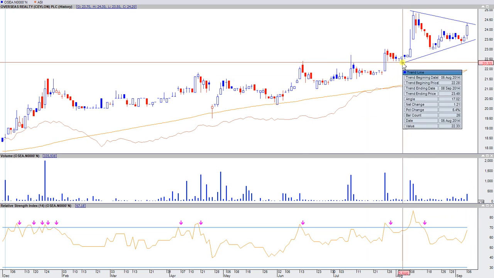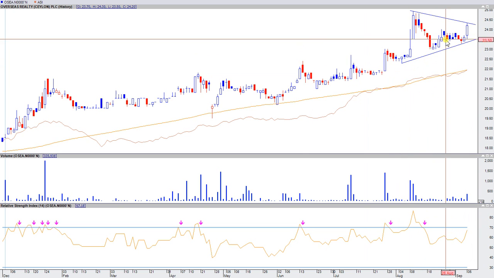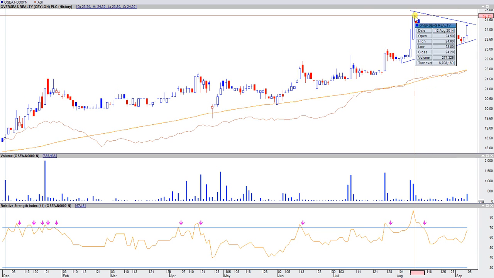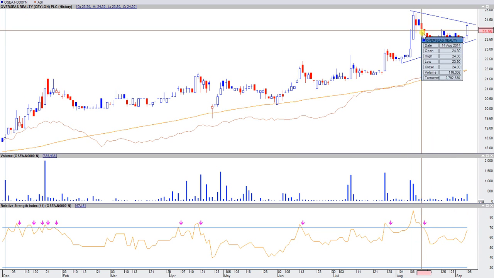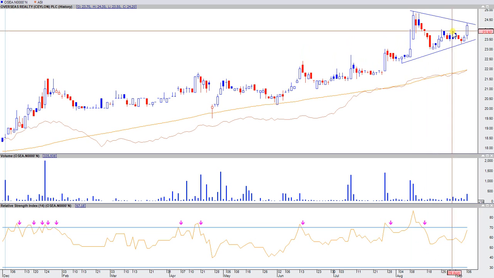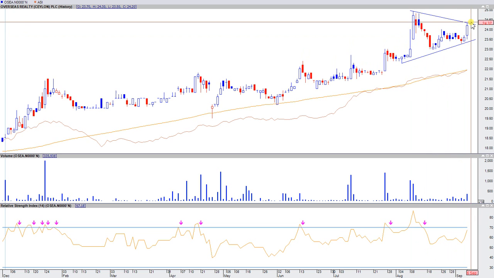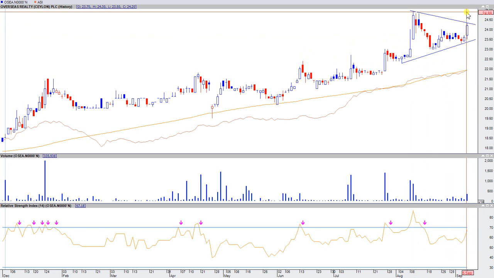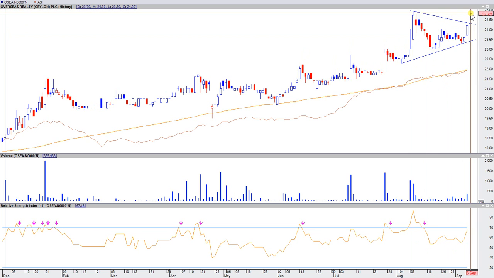Now this was something that I drew last Friday. We're seeing probably the breakout, if it takes place, should probably close around 25 again to start the testing.